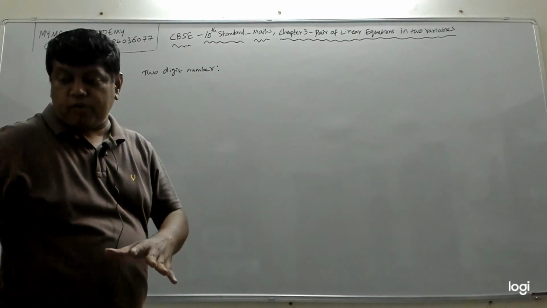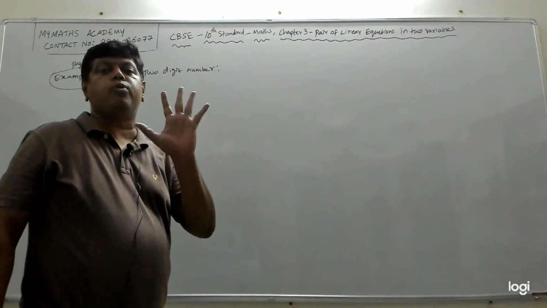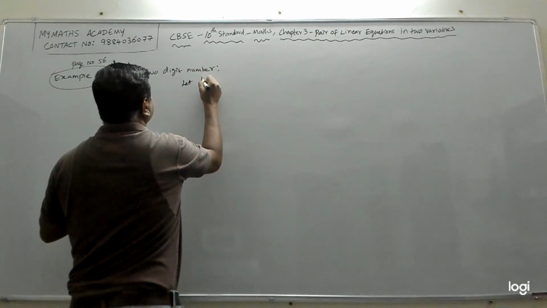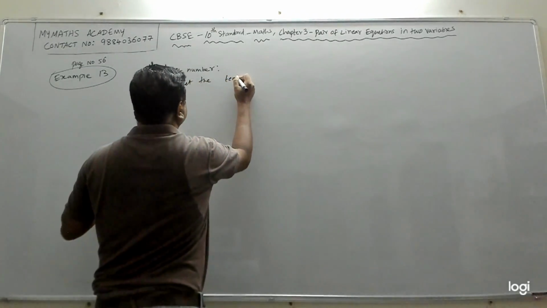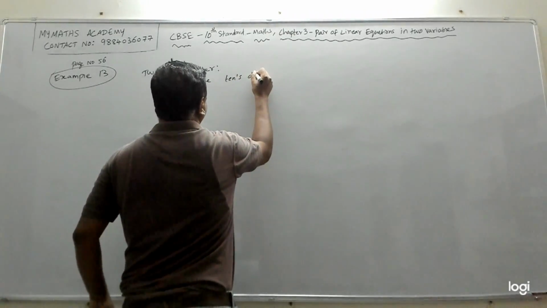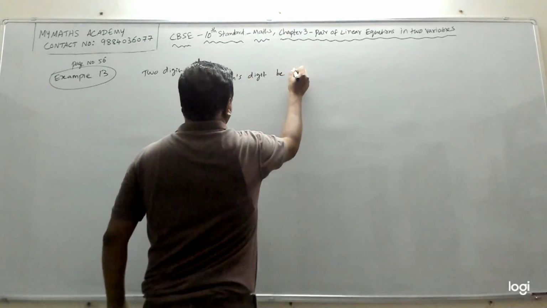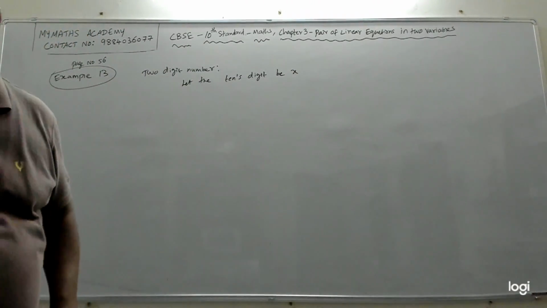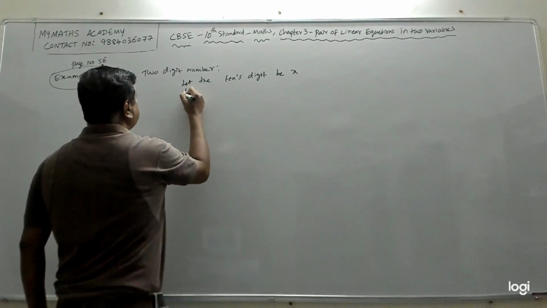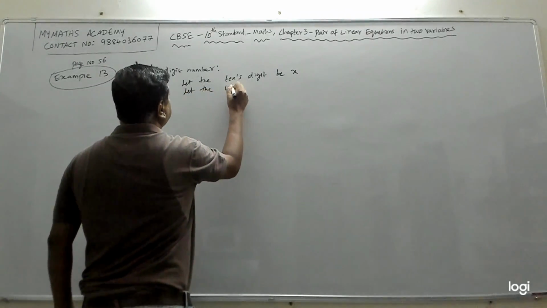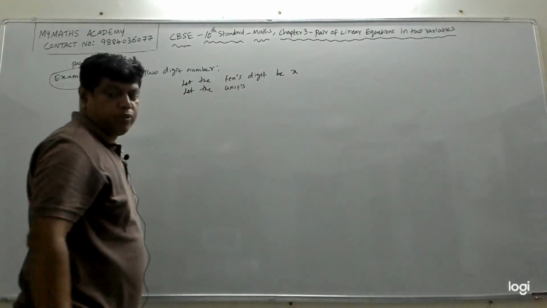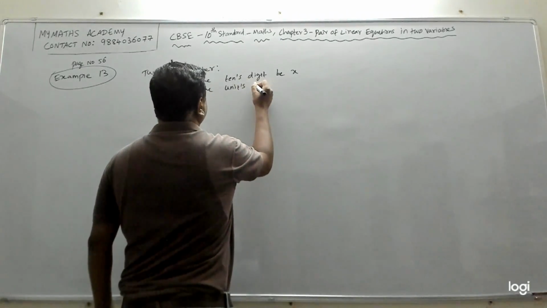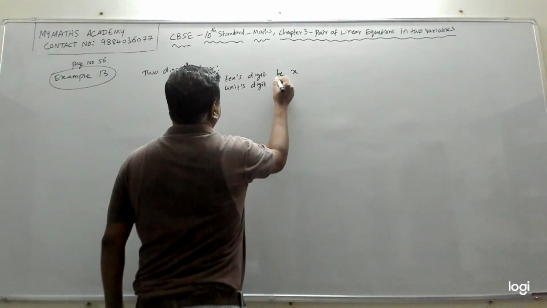See here, we have not even read what the question is. The moment you see the word 2-digit number, immediately you should write: let the tens digit be x, and let the units digit, or we can call it the ones digit, be y.